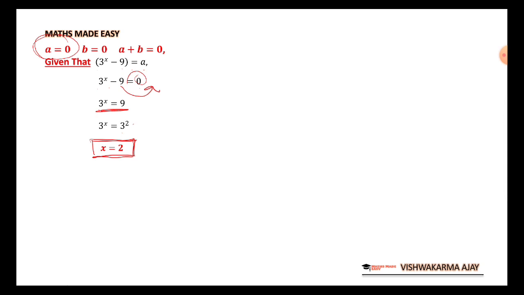Let's see the other two cases. b is equal to 0, but the value of b is 9^x - 3, as per our previous assumption. So 9^x - 3 is equal to 0.